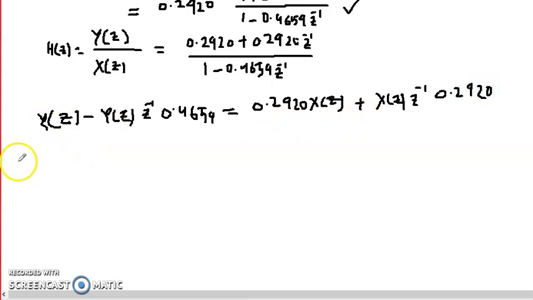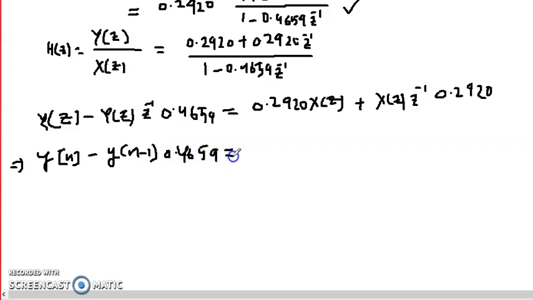We can also get it in the n domain. In the n domain, z raised to power minus 1 is a first delay, so y(n) minus 0.4659 y(n minus 1) equal to 0.2920 x(n) plus 0.2920 x(n minus 1).